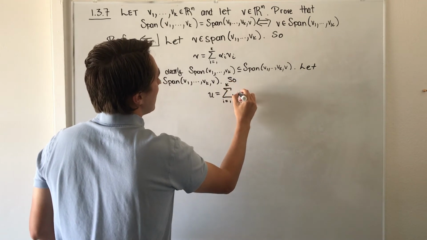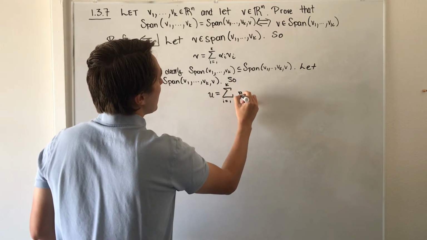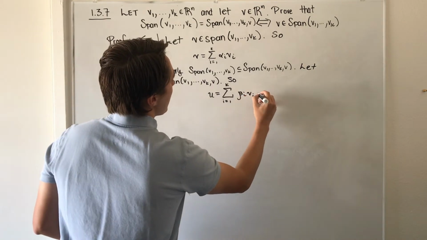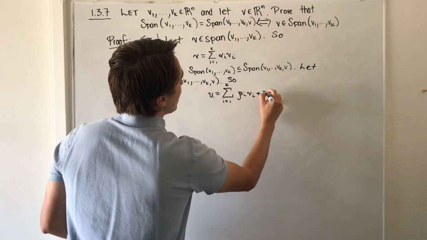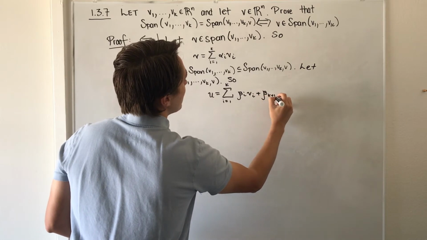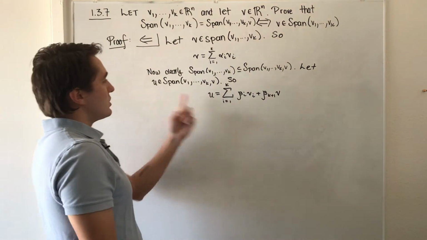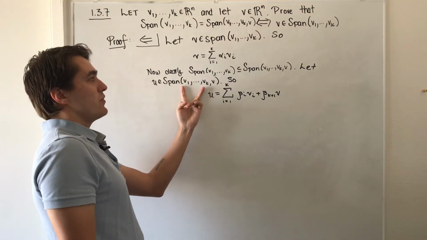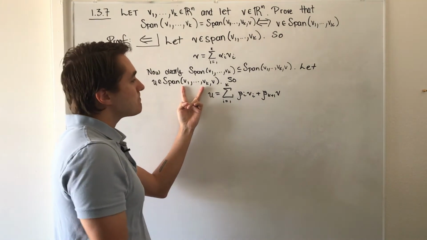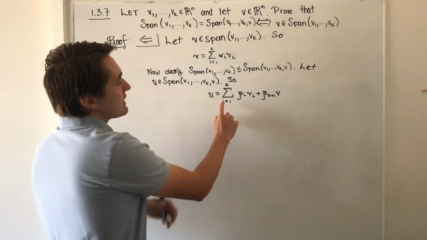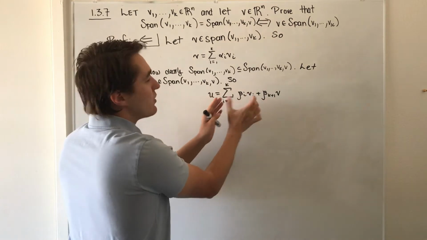So it's some sum of beta i Vi plus beta k plus 1 V. So here's what I did. U belongs to the span of V1 through Vk and V, so it's a linear combination of these things. Technically I could have squashed this all down into the sum.